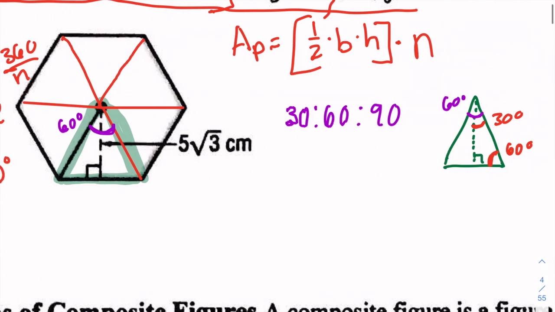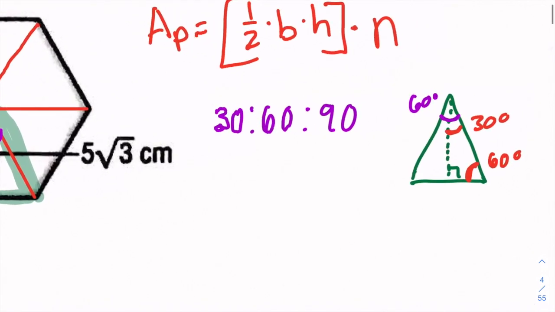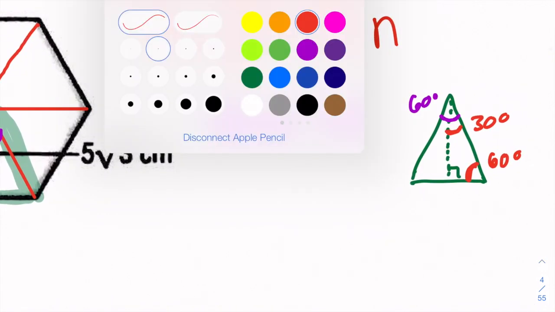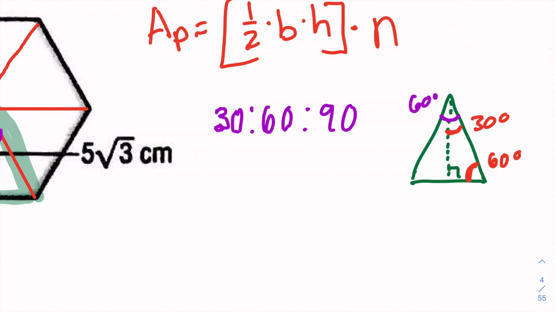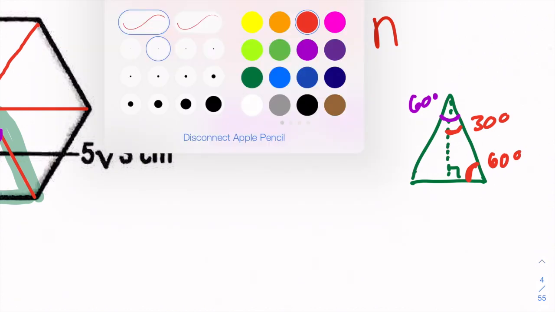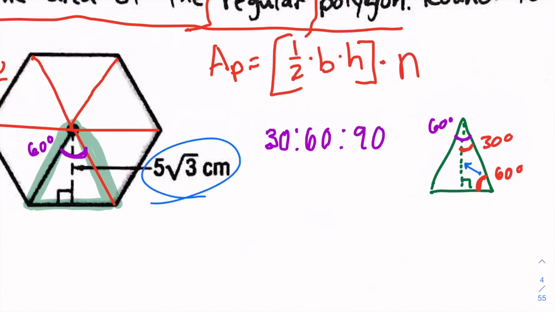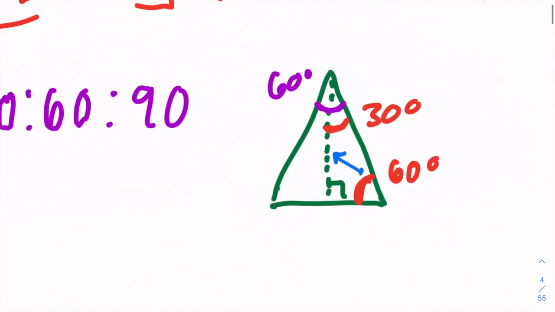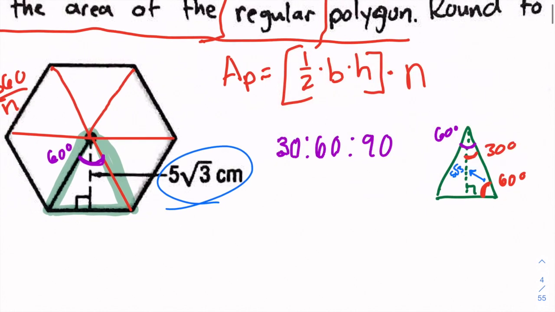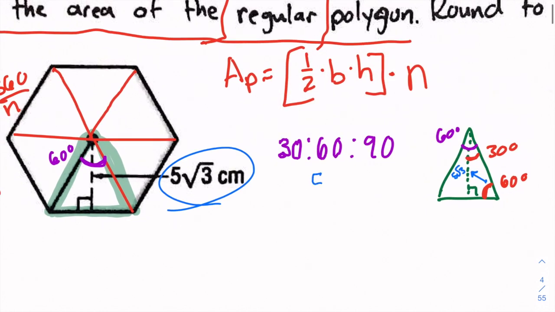And we were actually given that the side opposite the 60 degrees, this one right here, I'll make it blue, opposite the 60, we were given that it was 5 radical 3. So I'm just gonna write that really small here. 5 radical 3. So that's opposite the 60.